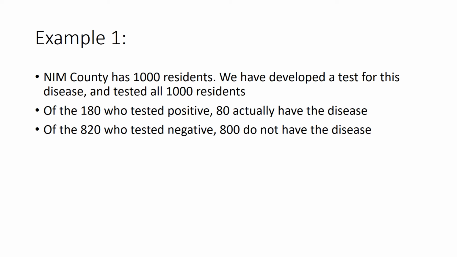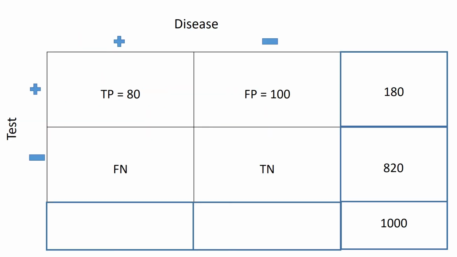The next step is, of the 820 who tested negative, 800 do not have the disease. So 820 tested negative. The true negative number is 800. And again, a little subtraction. That means the number of false negatives is 20. Finally, we can add up the other columns.